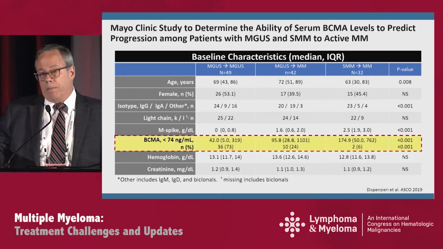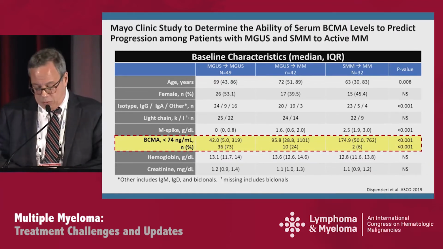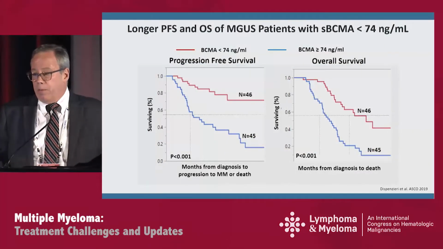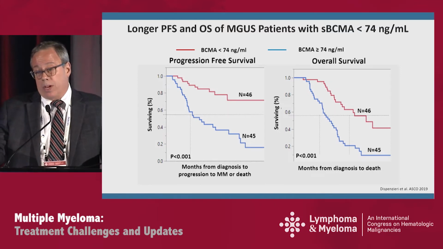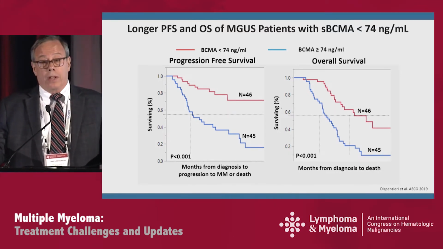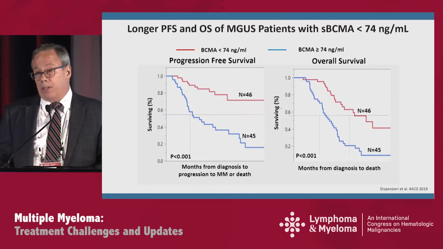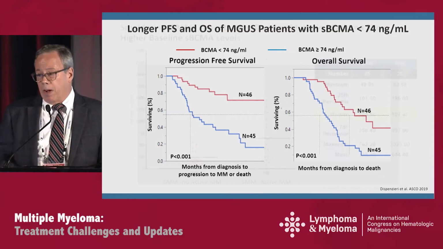So nobody who had a BCMA below 28.8 in this pilot study actually went on to myeloma. And on the right-hand side, you can see smolderings who went to myeloma. The numbers were 175. This actually not only predicted the patient's transformation, but you can see on the right-hand side, it actually predicted overall survival. So indeed, BCMA levels at baseline predicted not only progression to myeloma, but overall survival as well.